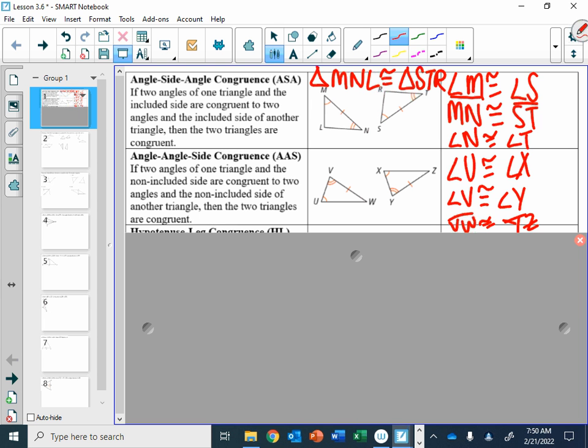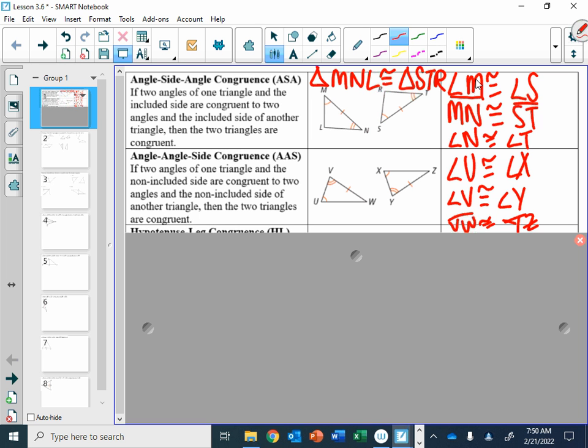Yes, okay. So for angle side, the side can't be in between the angles. If it's in between, then it's angle side angle. If it's on the other side, over here, that's fine, just as long as it's not in between. So it can be either side.